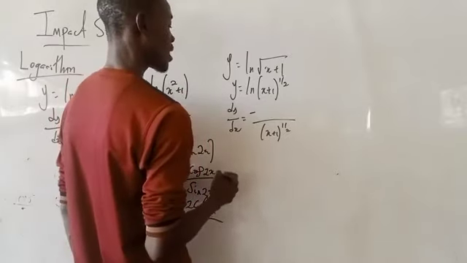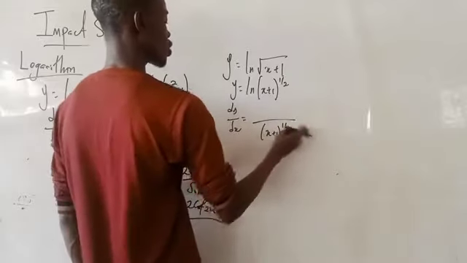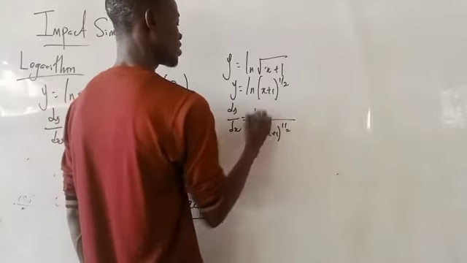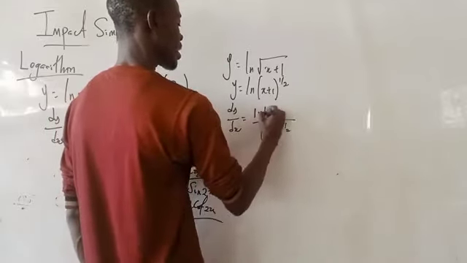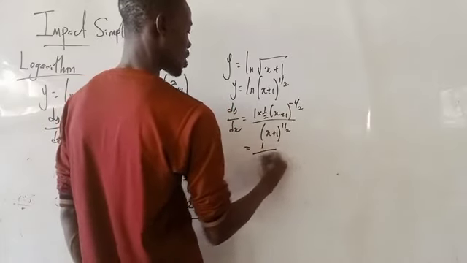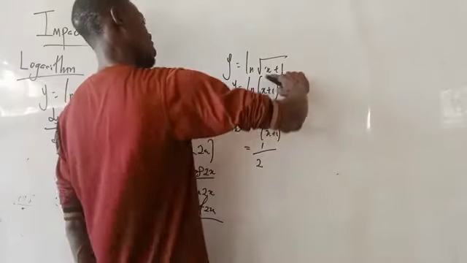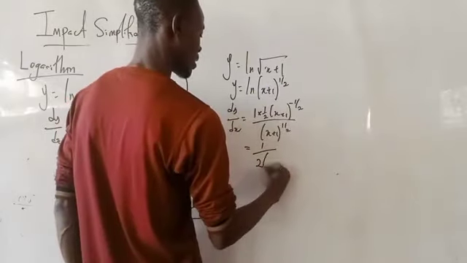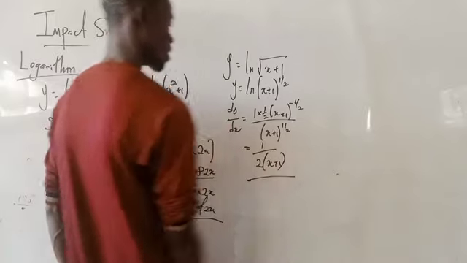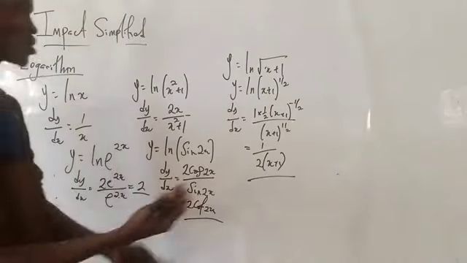Differentiate this. It is not a reciprocal function. Function of the function means the differential of the bracket times n, which is the power, times x plus 1, which is the bracket itself, to the power n minus 1, which will give us minus half. And if you solve this, this will give us 1 over 2, and minus half will give us minus 1. And when that man now gets there, we have it as what? X plus 1. And as you can see, it is very simple.